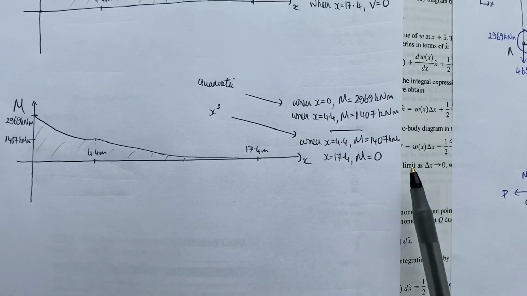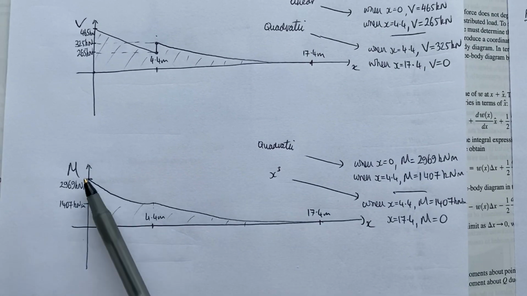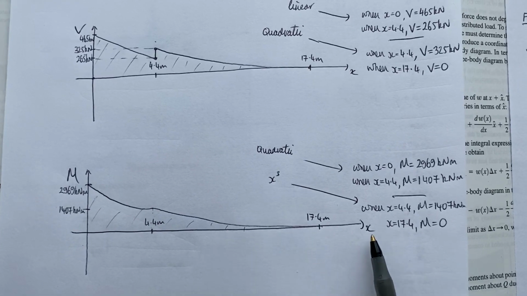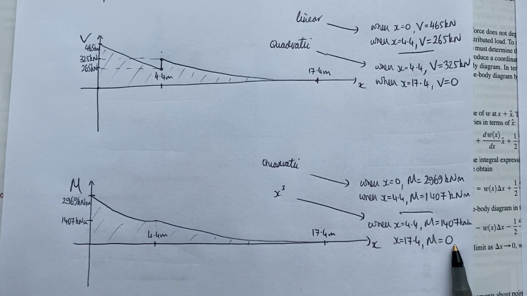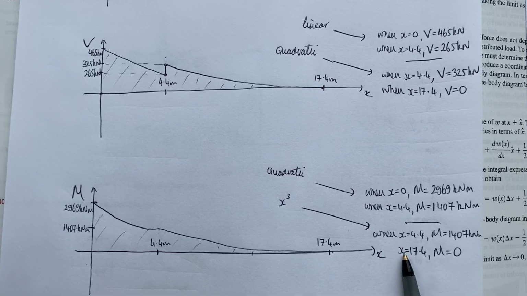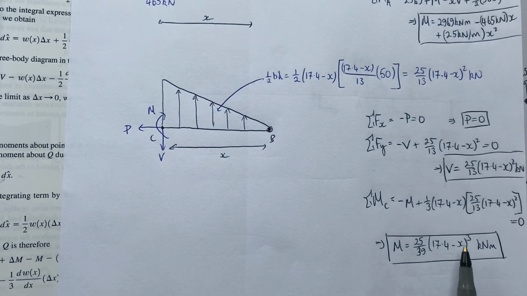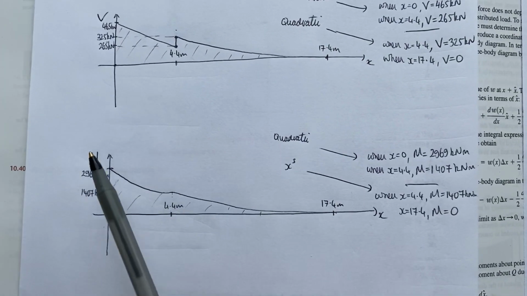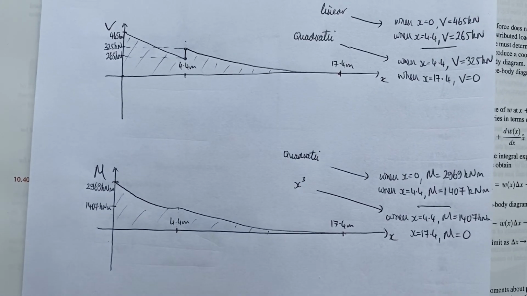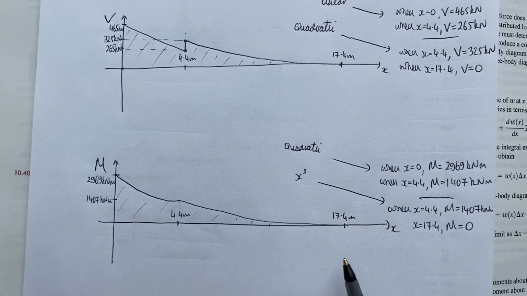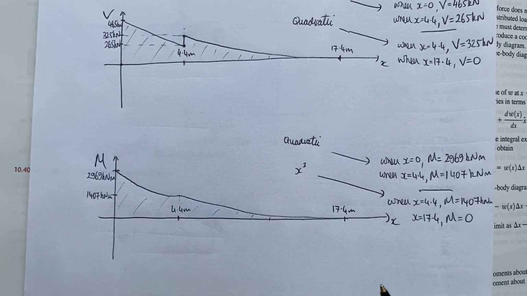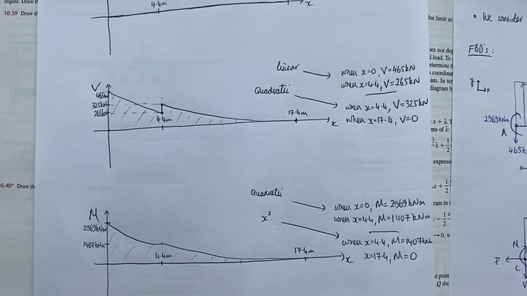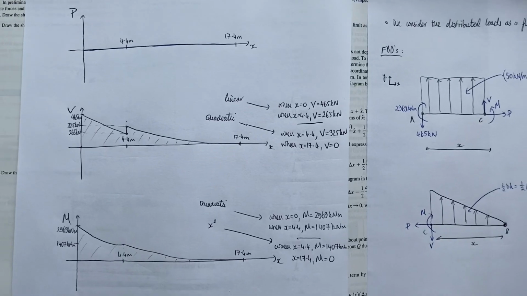Well, again, I've just plugged in some values, found where it crosses the x-axis, where it changes, and it eventually goes down to 0 if we plug x equals 17.4 into this equation, right? We get 0. So the sketch should look something like that. And again, I wouldn't expect you to be able to plot that in your head in an exam. So there we go. That's a slightly more complex version of the same thing.